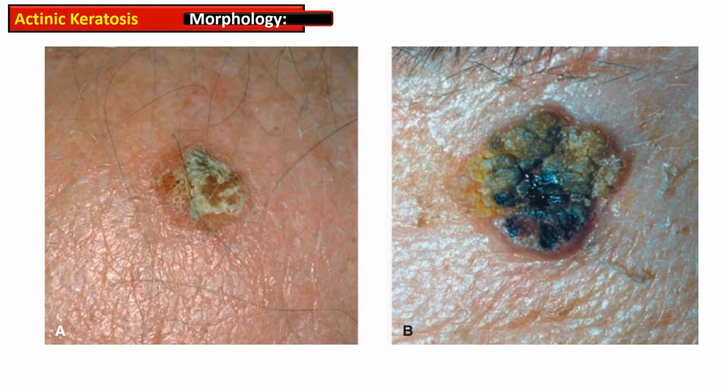Here, this lesion is more elevated and shows a stuck-on appearance like that seen in seborrheic keratosis. However, this lesion of actinic keratosis is not greasy, and it is hard in consistency with a rough sandpaper surface, and it is painful when scraped.